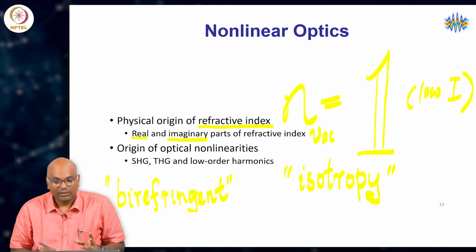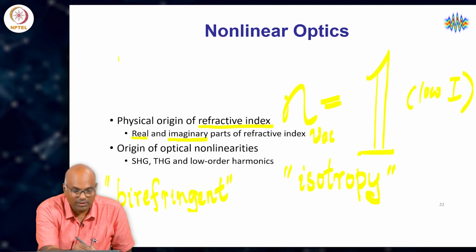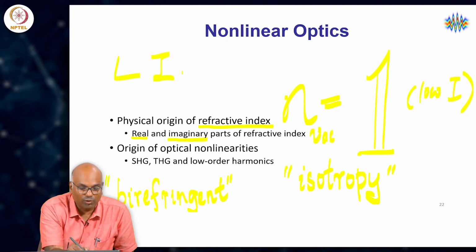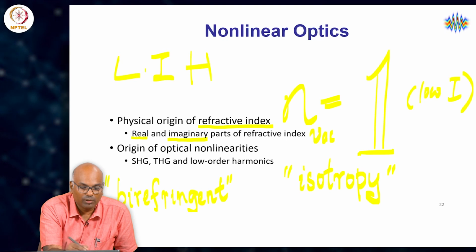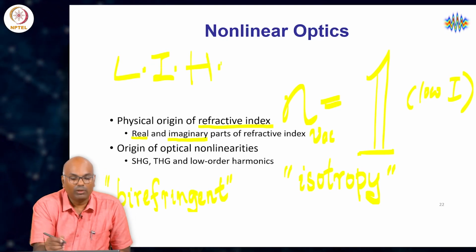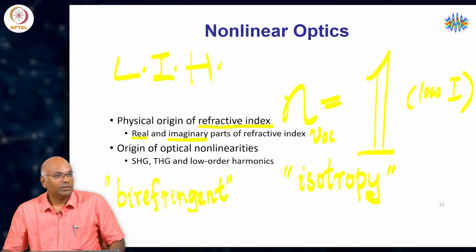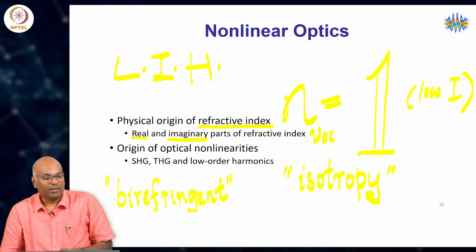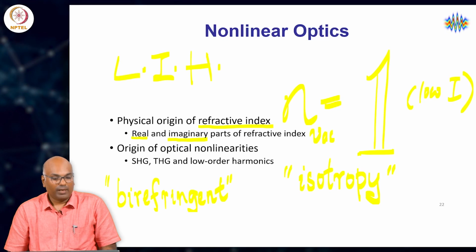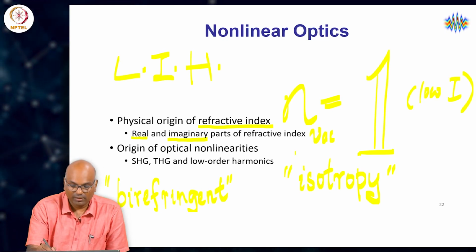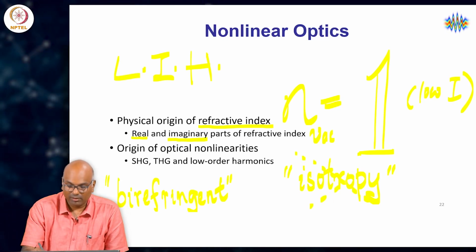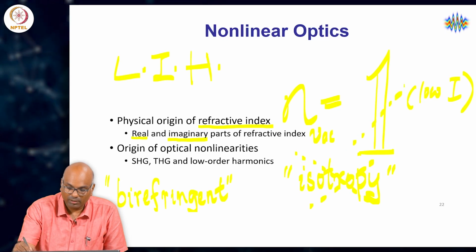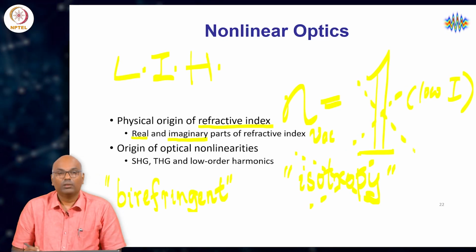imply that the medium is linear, isotropic, and we can add to it homogeneous. All these three are implied by saying that the refractive index is unity and the medium is isotropic. At high intensities, it is neither isotropic nor is it unity.